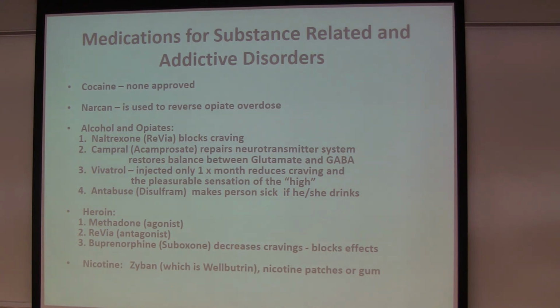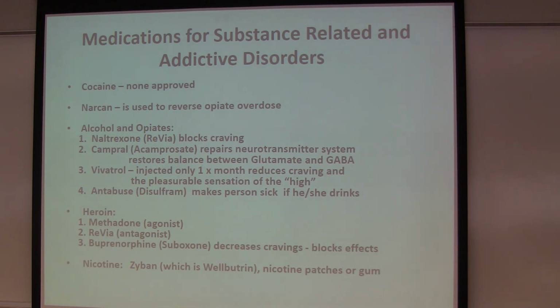It can be given by injection, as it is in the ER, and it can be given nasally. And of course, there's a training that goes involved in it. You need to get certified, but it literally reverses opiate overdoses. It is life-saving in so many cases, so it's an important name to remember.